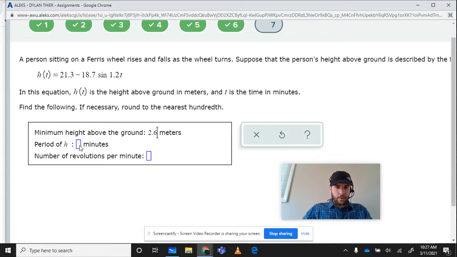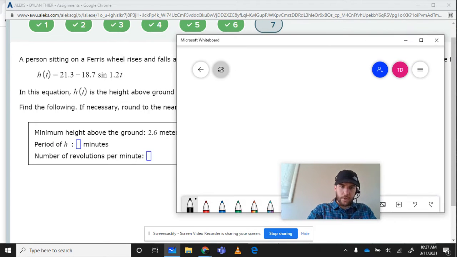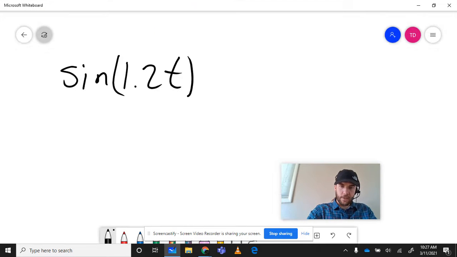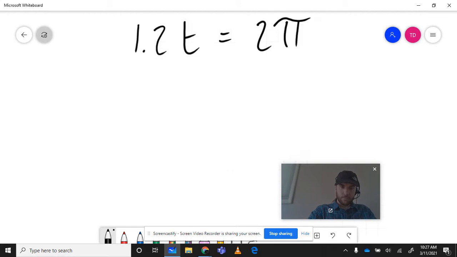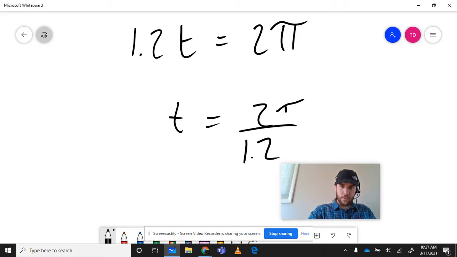The period is going to be, hopefully I don't have to go so slow this time through it. Got sine of 1.2t. So we want 1.2t to be the same thing as 2 pi. So we will divide by 1.2, and that is what we need to do.